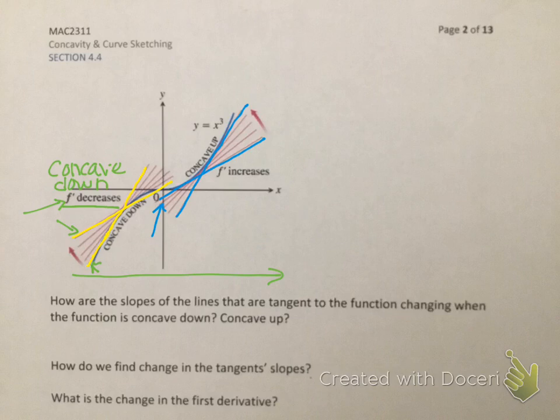That does not have a very steep slope as compared to this tangent line, who does. So as I draw more and more and more tangents to this curve when it is concave up, what's happening is that their slopes, the first derivatives, the slopes of the tangent line to the curve, are increasing.